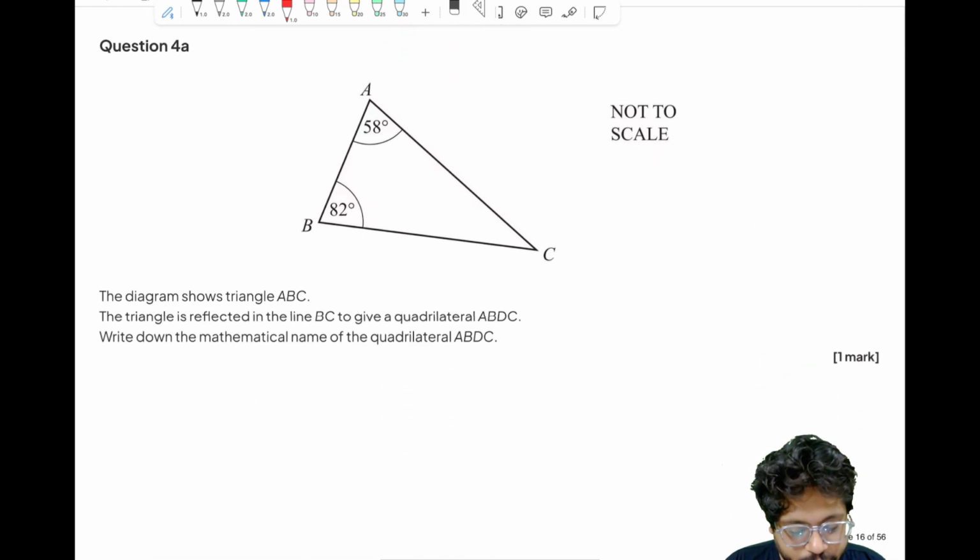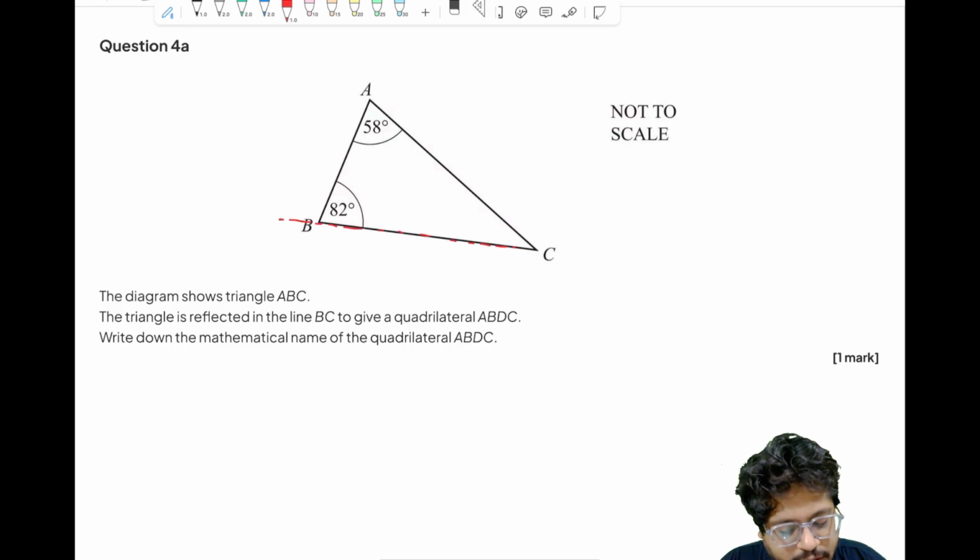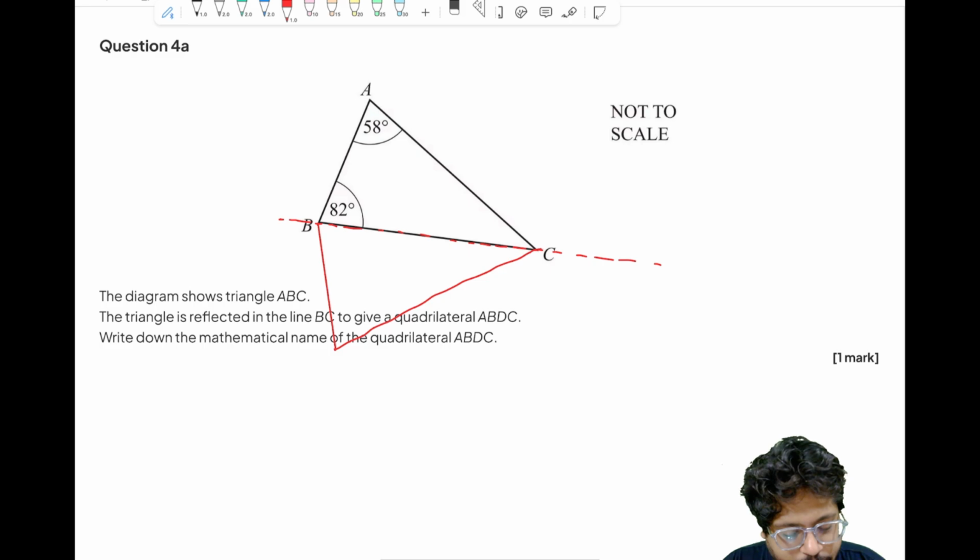Clear? See the fourth question. The diagram shows a triangle ABC. The triangle is reflected in the line BC to give a quadrilateral ABCD. If you reflect it by the line BC, if you make this a line of symmetry, it will be something like this. And this will be 82 because it's a line of symmetry, and this will be the same as 58.